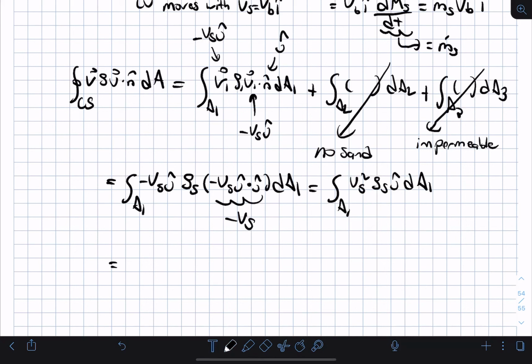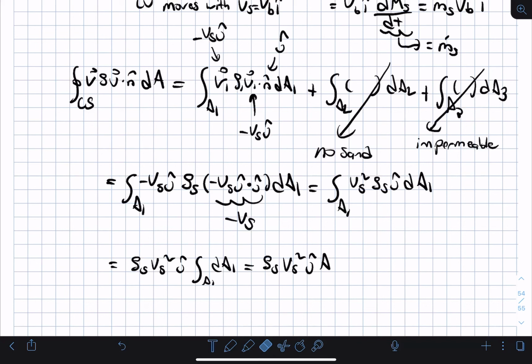So then this equals rho s Vs squared j hat times the integral over A1 of dA1. And this just equals rho s Vs squared j hat times the cross-sectional area of the chute.